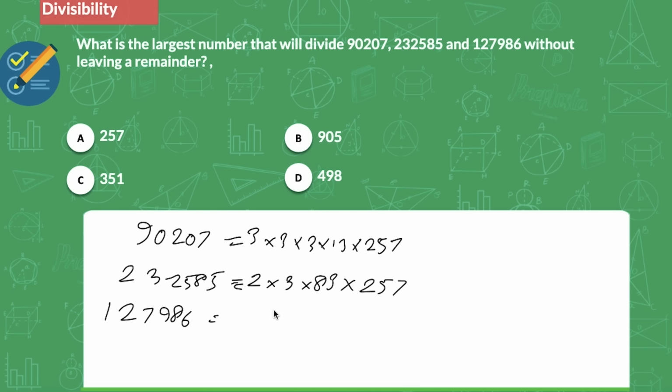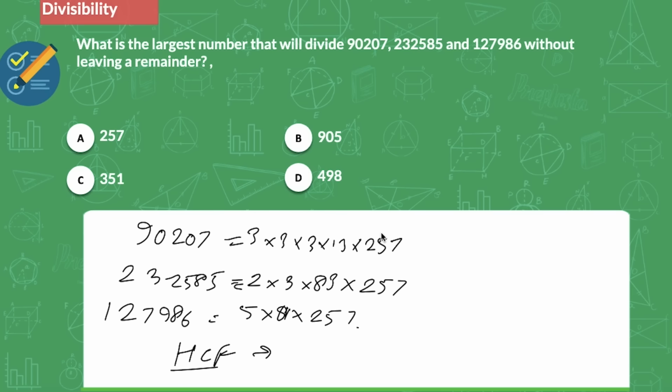The third number can be factorized as 5 into 81 into 257, right? To find the HCF, there is one standard rule.